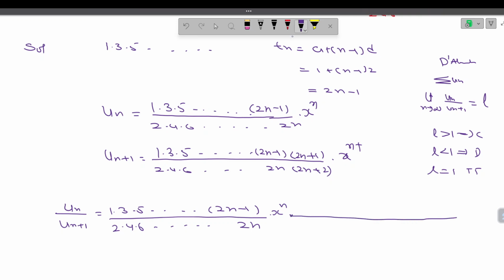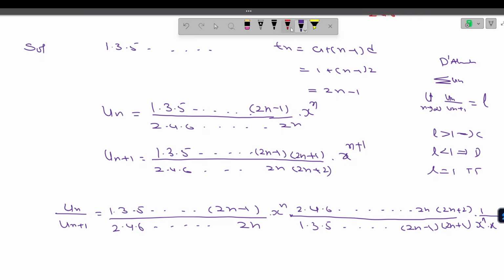Then Un plus 1. What is Un plus 1? The numerator becomes denominator. Denominator becomes 2n into 2n plus 1 divided by 1, 3, 5, so on 2n minus 1, 2n plus 1. This is 1 by x to the power of n into x.